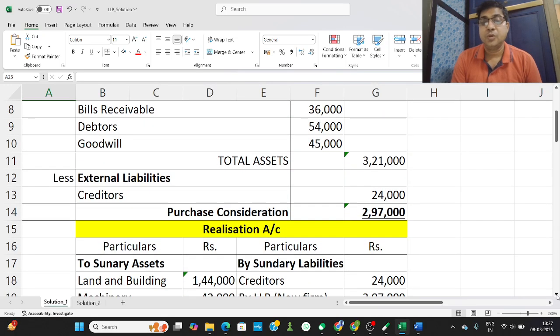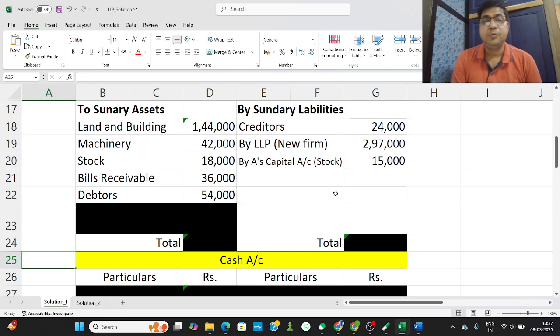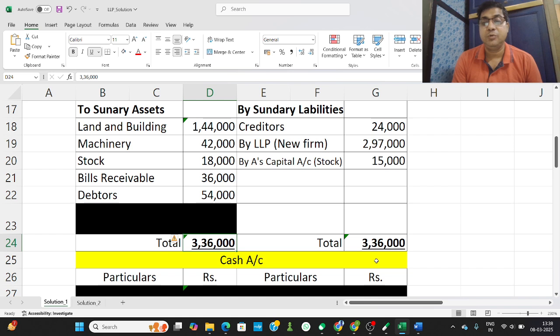Then after that, after recording the entry, now we have to close this realization account. The credit side total is 3,36,000, and the debit side value is less compared to the credit side.